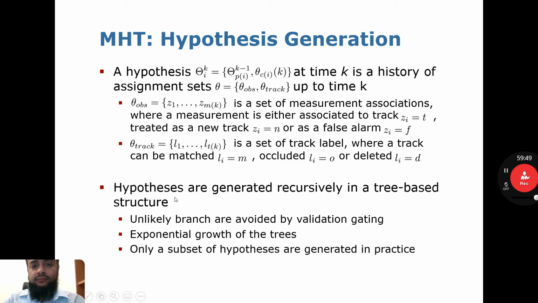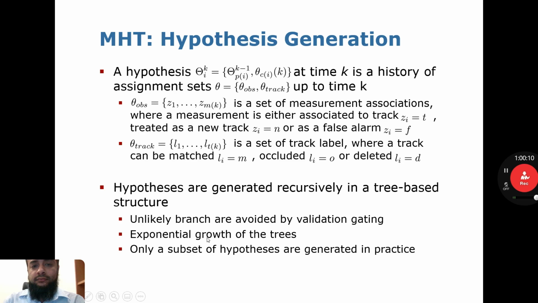And second thing, hypotheses are generated recursively in a tree-based structure. Unlikely branches are avoided by the validation gate. Those branches of the tree which are unlikely can be avoided or deleted.